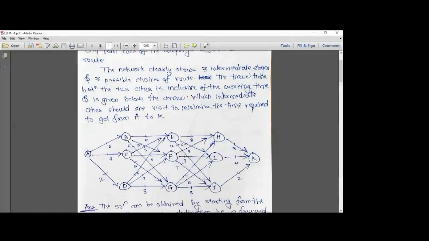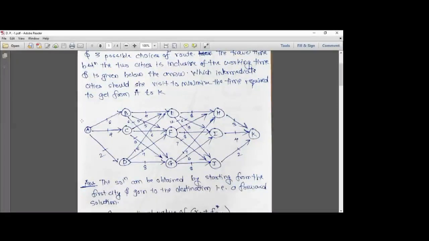The travel time between the two cities is inclusive of the working time and is given below the arrow. Which intermediate cities should she visit to minimize the time required to get from A to K?